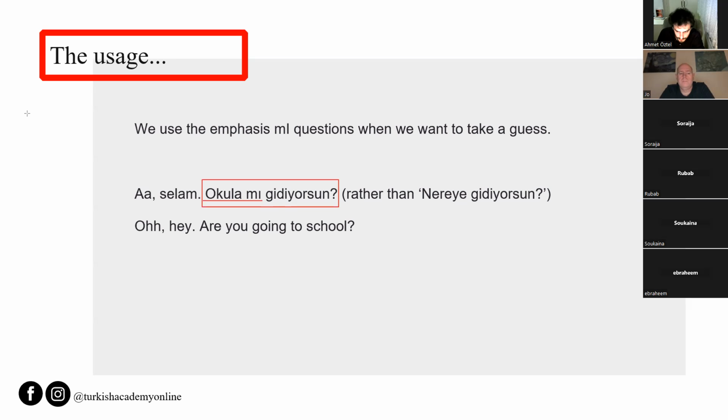So the Turkish people always use the mı, they never say okula gidiyorsun. I mean, okula gidiyorsun in a question intonation is possible.